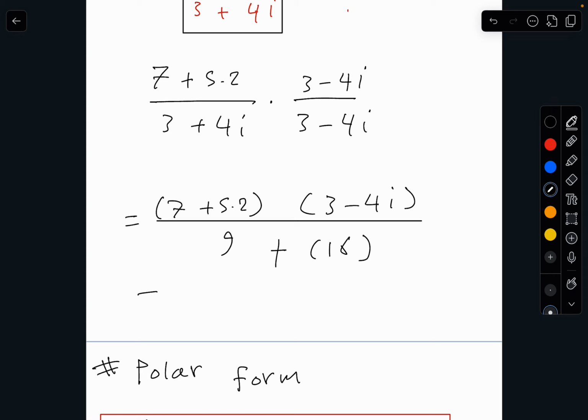And we continue, guys, continue the operation until we get the final answer. For example, 9 plus 16 is 25. Here's 25.